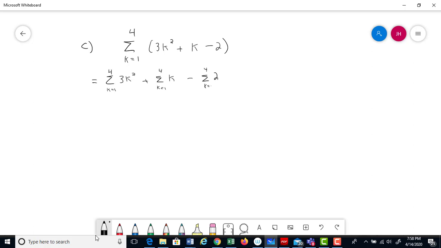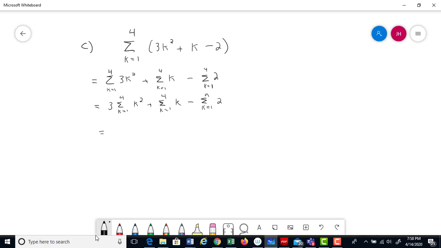Now I can pull out constants, so I can take that 3 and pull it out. So this is going to be 3 times the summation from k equals 1 to 4 of k squared plus the summation from k equals 1 to 4 of k minus the summation from k equals 1 to 4 of 2. I know you could pull out a 2 and have 1 left over, but since this is a constant, I already know the formula is just 2 times n here.